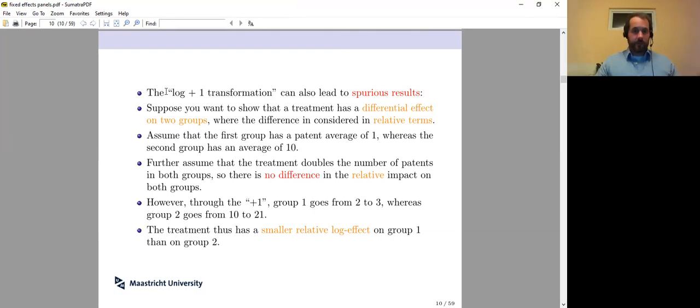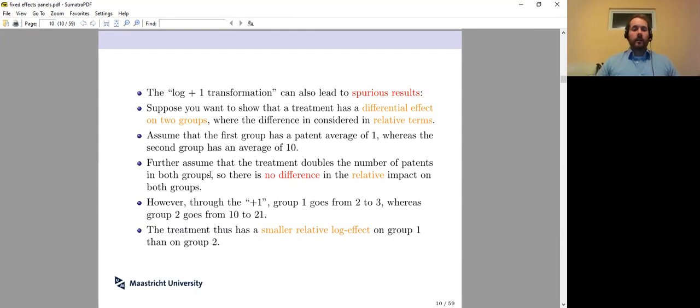Okay, let's go through the example. Let's say the first group has a patent average of 1 and the second group has an average of 10. And now we assume that the treatment doubles the number of patents in both groups so that there is no difference in the relative impact on both groups. So we actually do not have a result. There is no differential effect of the treatment on the two groups.